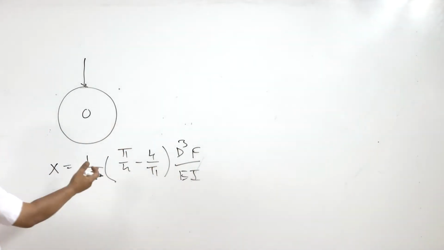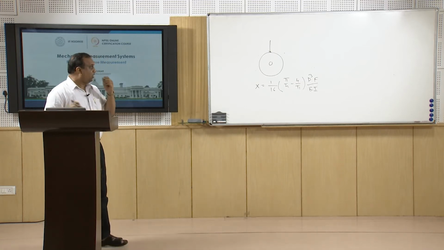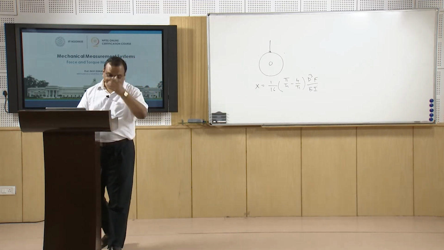So from here also we can get the value of K, and then we can make use of the formula Kx for finding out the force. So this is the description of force measurement using elastic members.